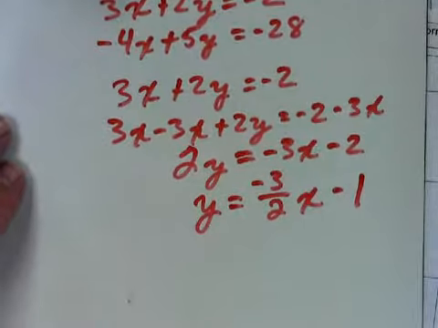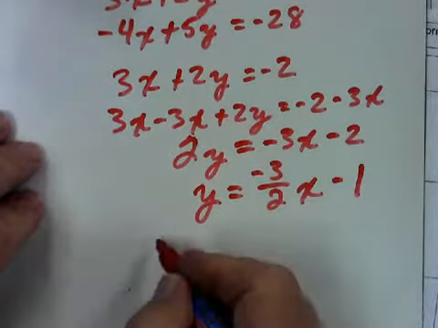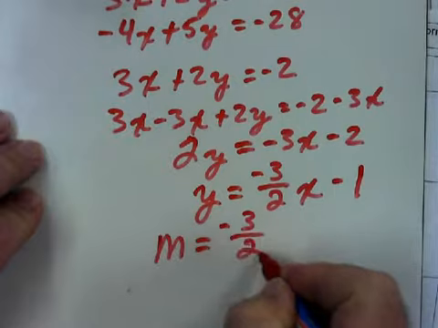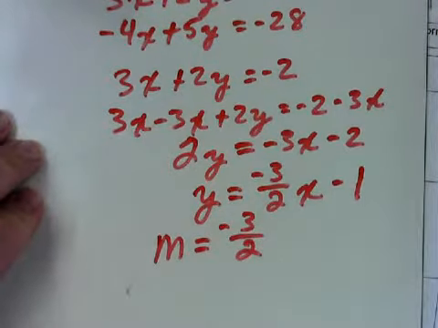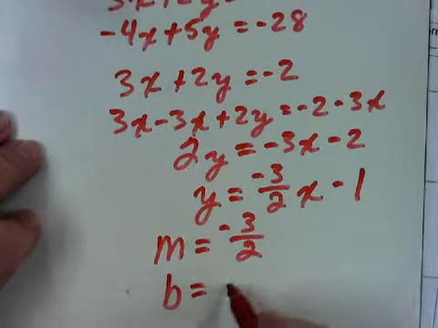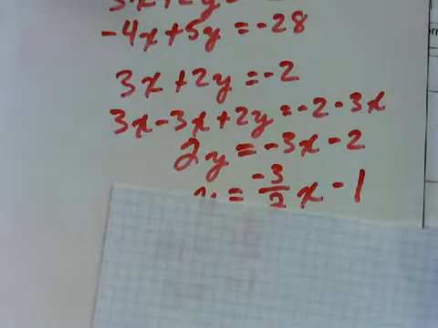From that, what do I know to graph? Start at the negative 1. Yes, I will start at the negative 1. I also know the slope. So the b, or the y-intercept, is negative 1. So I need to draw a nice simple little graph.